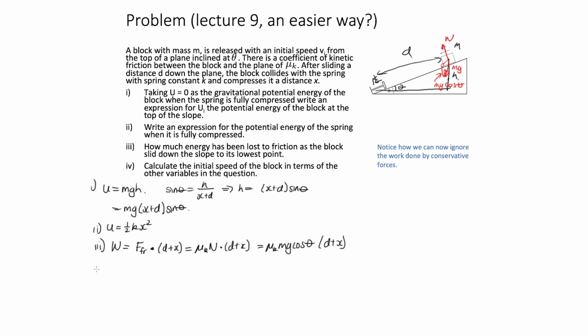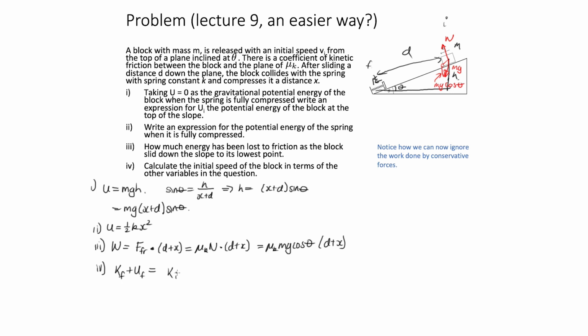Okay, so part 4 asks us to calculate the initial speed of the block in terms of other variables in the question. To do this, I think it's easiest to consider the energy changes between the initial state up here and the final state down here. So at the end, it's got some final kinetic energy plus some final potential energy.